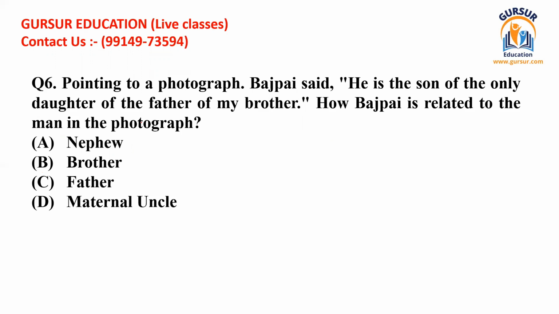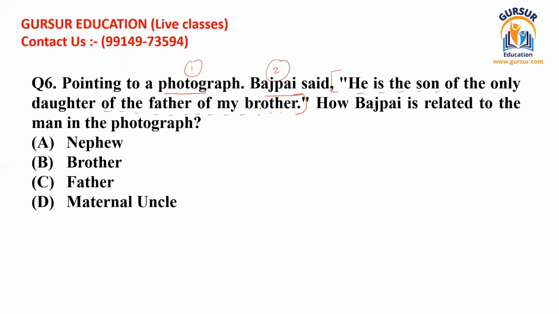Sixth seems to be somewhat difficult, but I must tell you that this is going to be very easy to draw. The question says, pointing to a photograph, Bajpai said. This is the first party, Bajpai is the second party, and after that one statement has been given. The statement reads, he is the son of the only daughter of the father of my brother.